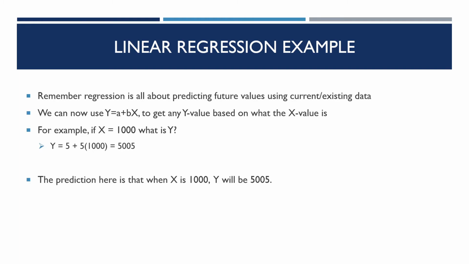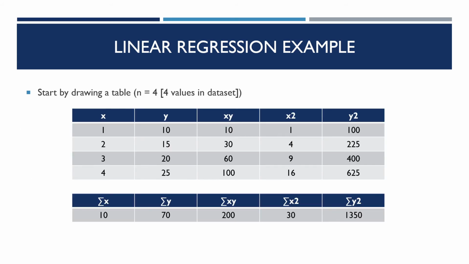And so now, remember that regression is all about predicting future values using the current or existing data that we have. And so we can now plonk that back into our equation y equals a plus bx to get any y value that we want based upon what the x value is. So we've got x is 1, x is 2, x is 3, x is 4, and that's the existing data that we have.